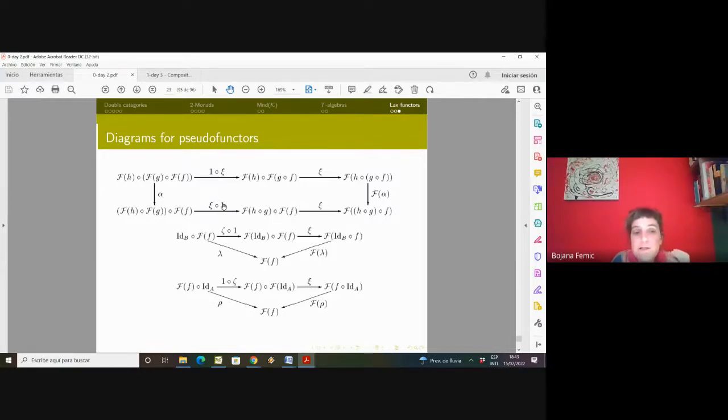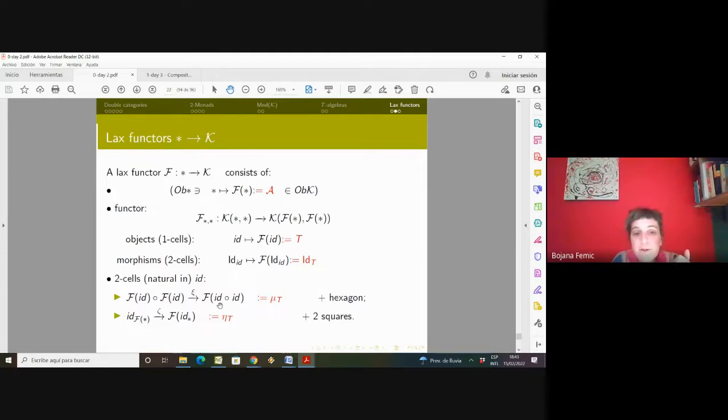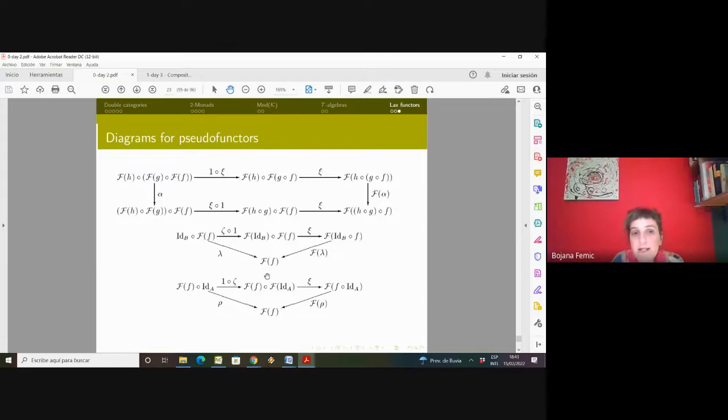Recall that this psi here was our mu, the multiplication for the monad. When you check this axiom, you see immediately that this is nothing but the associativity of the multiplication on what will be the 2-monad. And here we have that this theta, which was this eta 2-cell, and then multiplication, is equal to the identity, and the other way around.